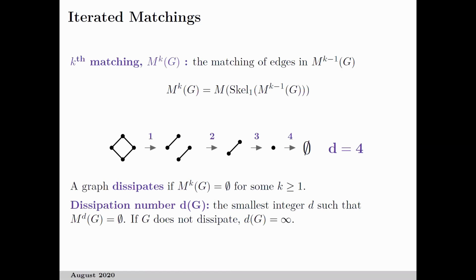Here is the sequence of matchings generated by C4. You can see that after 4 matchings, we get the empty set. This means that C4 dissipates, and the dissipation number is 4. If a graph does not dissipate, then its dissipation number, or d-value, is infinity.